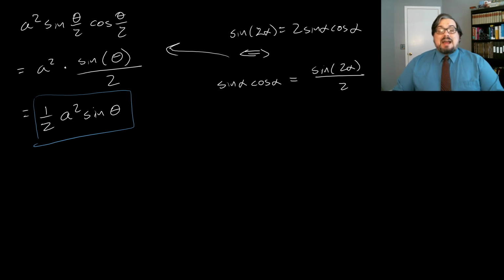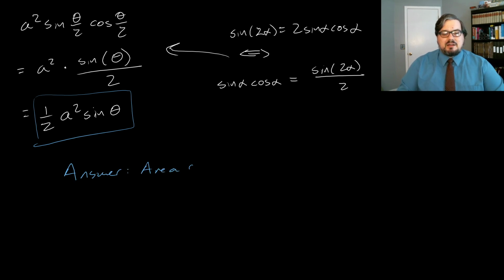So by recognizing when we've got something that's part of the double angle formula for sine, we can often make very quick work of problems that would otherwise be more time consuming.